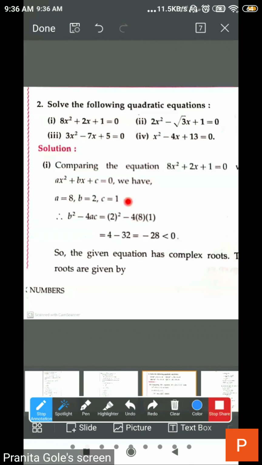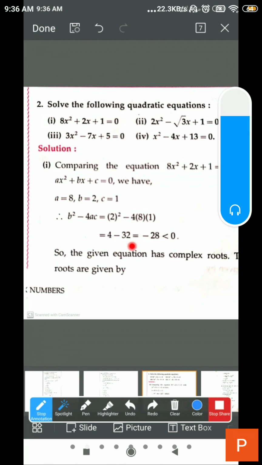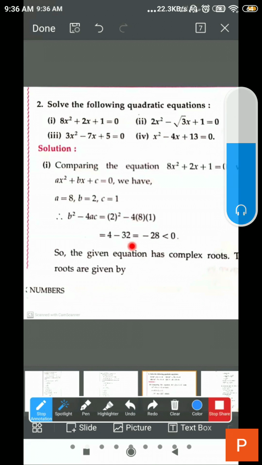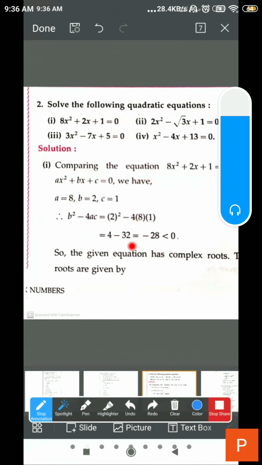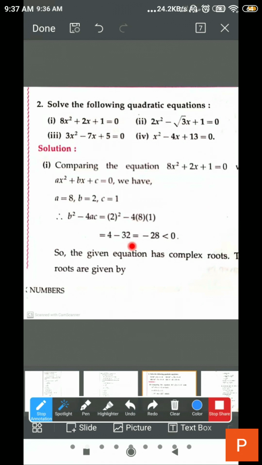To use it in the formula, how much is b square minus 4ac? It is nothing but 2 square minus 4 into 8 into 1. Observe here, 2 square will be 4, and 4 into 8 into 1 is 32. So 4 minus 32 gives us the value minus 28, which is less than 0.